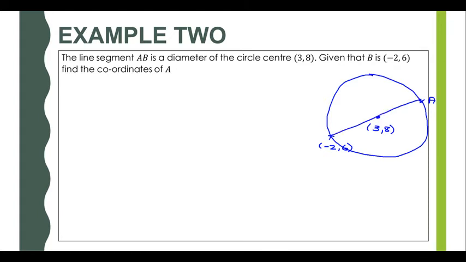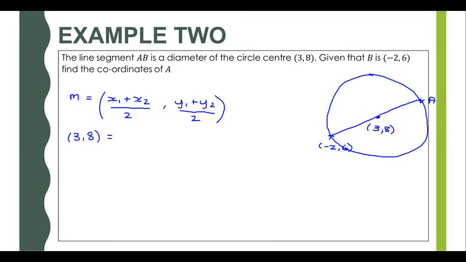So again, to do this, we're going to use our midpoint formula, as we know the midpoint of AB. So the midpoint M is equal to x1 plus x2 over 2, y1 plus y2 over 2. And again, we can fill in what we know. So we know that the midpoint is the centre of our circle, which is 3, 8.